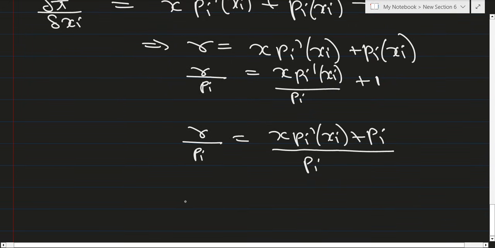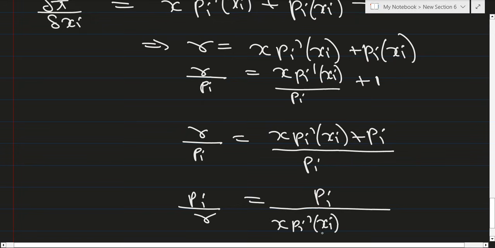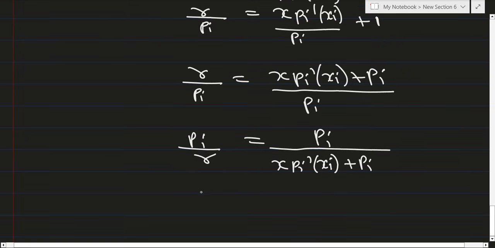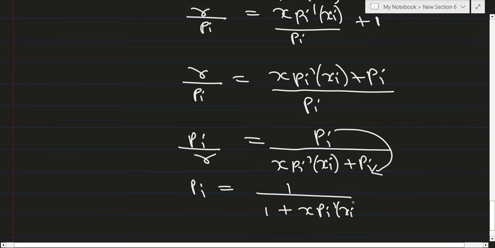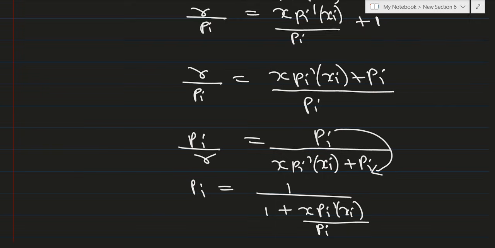Now we take the reciprocal. So we get Pi by R equals Pi whole upon Xi Pi dash Xi plus Pi. Now we do a bit of algebraic manipulation. We would get Pi equals, taking this Pi to the denominator side, 1 upon 1 plus Xi Pi dash Xi upon Pi. Okay, this is another important result.